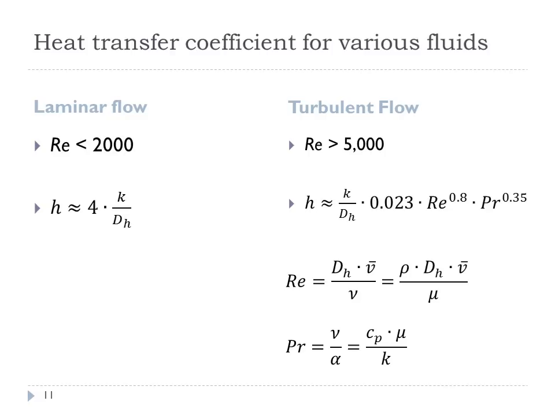I want to point out the Prandtl number is a ratio of the kinematic viscosity to the thermal diffusivity. When you put it in units we're more used to, it's the specific heat of the fluid times the fluid dynamic viscosity divided by the thermal conductivity.